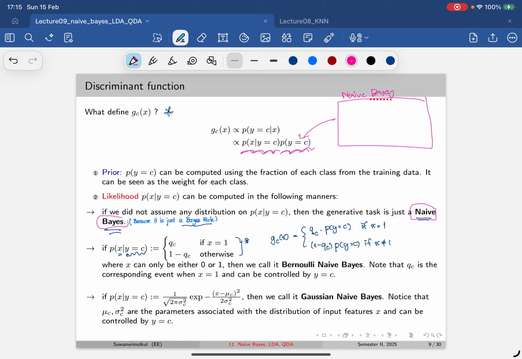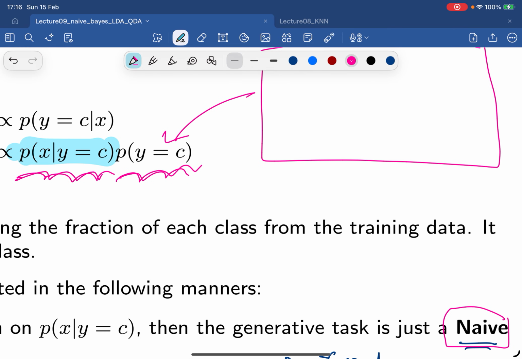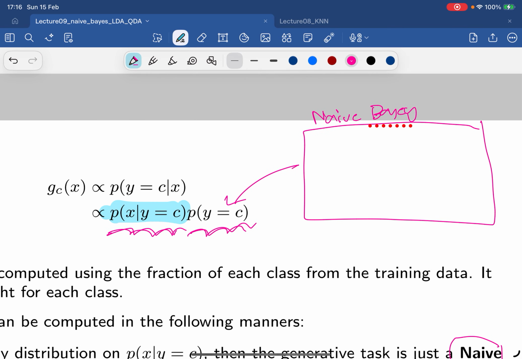And in fact, there are many types of naive Bayes, depending on what the likelihood is. Usually we will name different types of naive Bayes, which I will just refer to as NB, depending on the likelihood function.